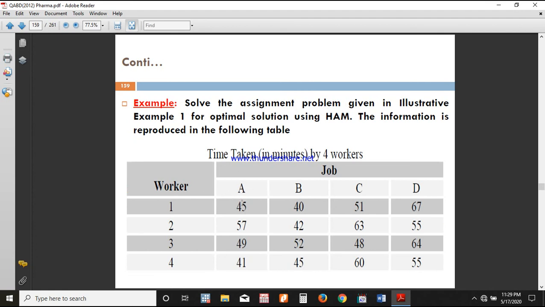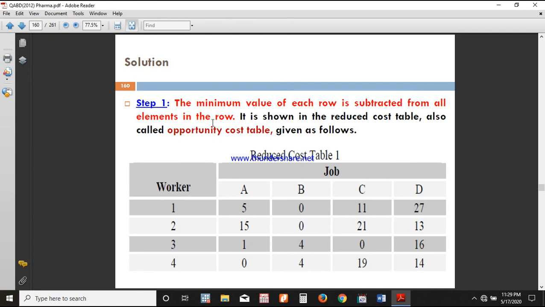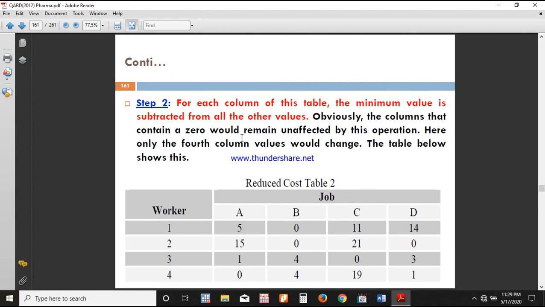Based on this, now we can find the lowest element. First, let's start from the row values. The smallest in the first row is 41, in the second 42, in the third the smallest value is 48, and in the fourth the smallest value is 41. Now the table after reduction will become like this. Then you can also find the smallest element in each column.